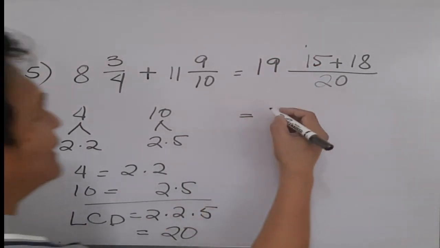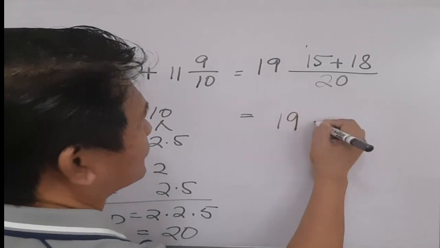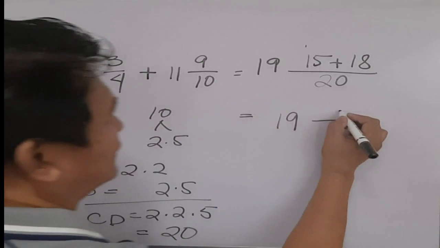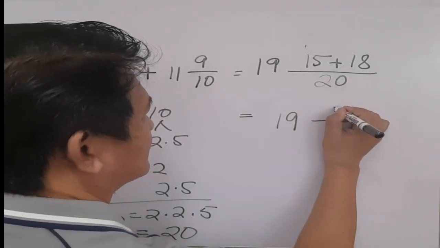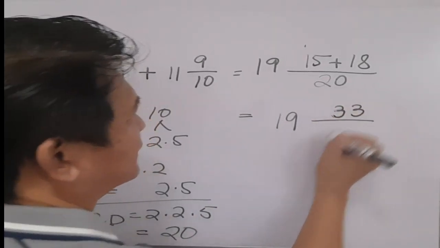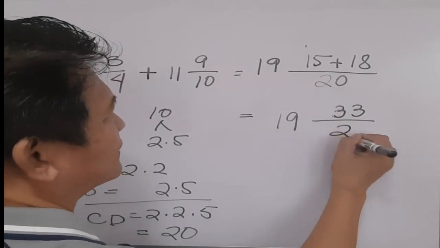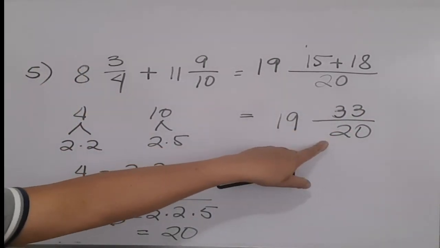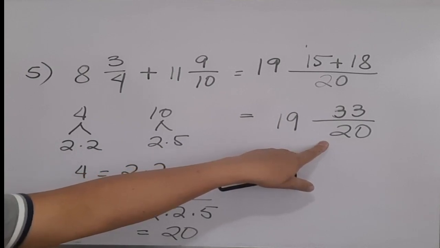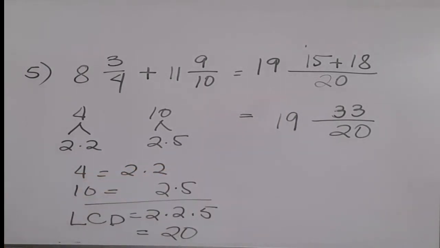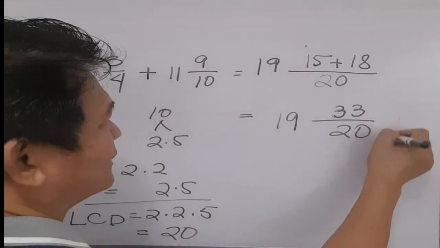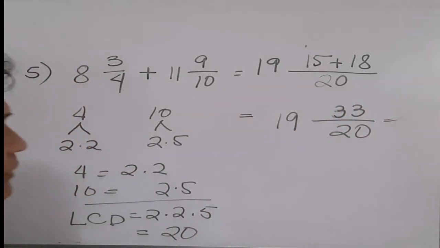Okay, 19. 15 plus 18 is 33. Okay? 33 over 20. Pansinin ninyo, hindi pa ito ang simplest form ng 33 over 20. Kaya, isi-simplify natin muna ito. Sisimplify muna natin itong fraction.